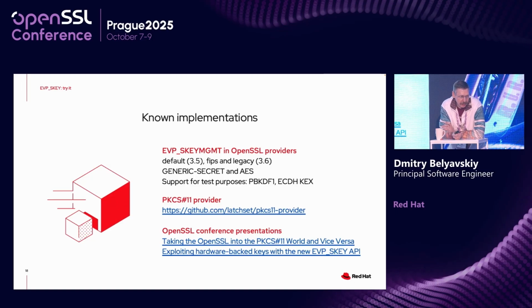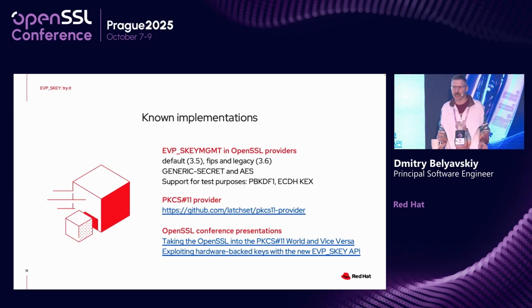I mentioned the OpenSSL provider many times. So here is the most reasonable support of opaque objects. There was a presentation made by my colleague Jakub Jelen today about the OpenSSL provider, and he mentioned the support of symmetric keys there.